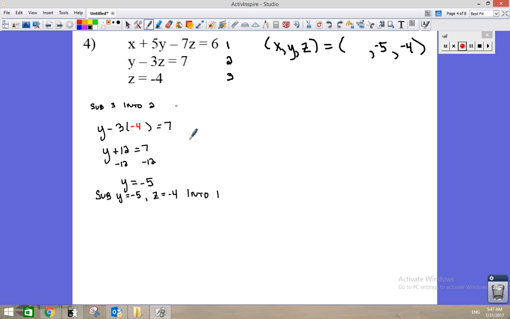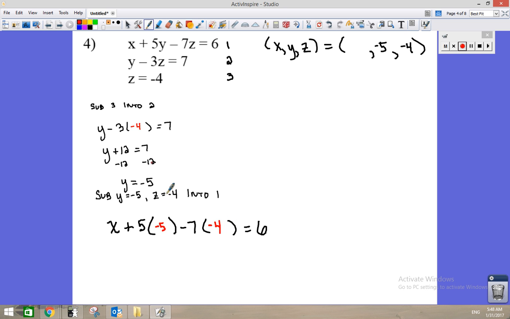So we copy this equation 1 down, but I don't write the letter y because I know that that represents the number negative 5. And I don't write the letter z because I know that z represents the number negative 4.